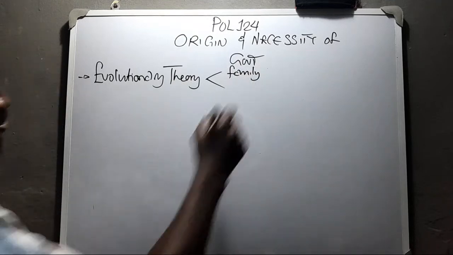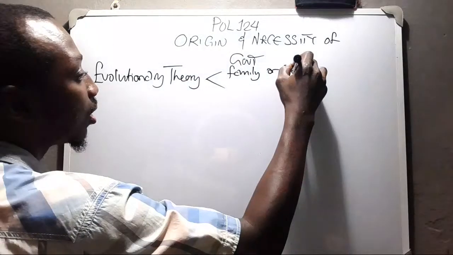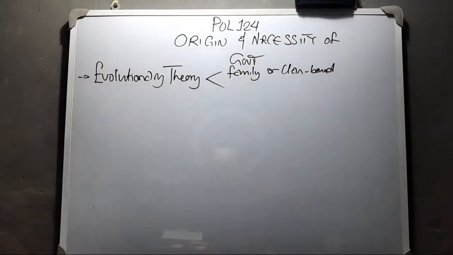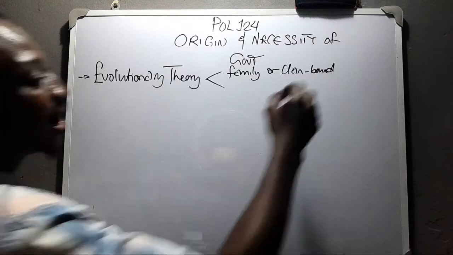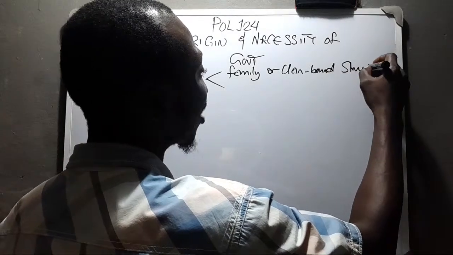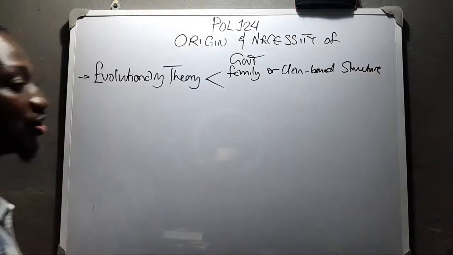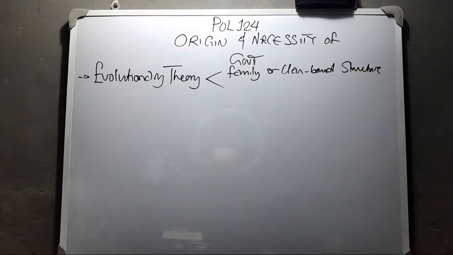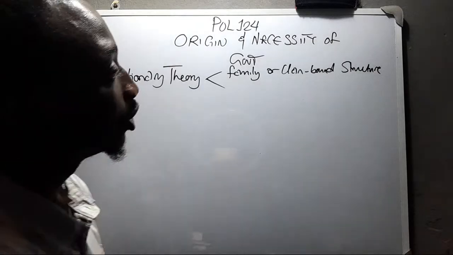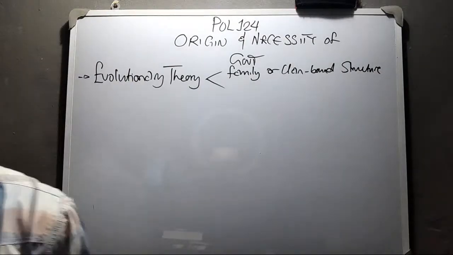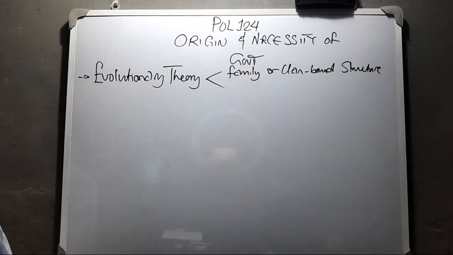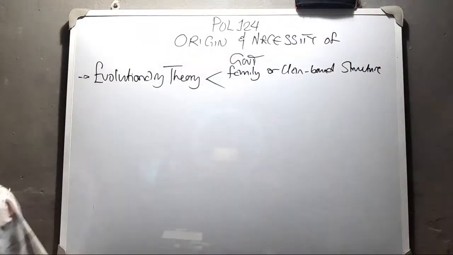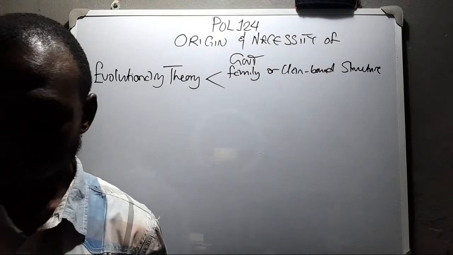Government, according to evolutionary theory, originates from a family or clan-bound structure. Now, this explains the formation of the world's biggest political structures.